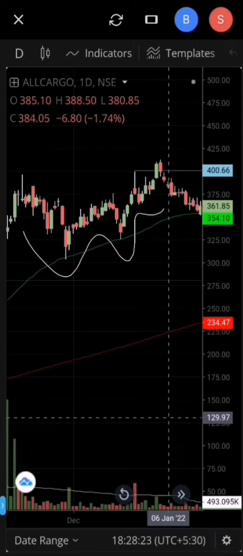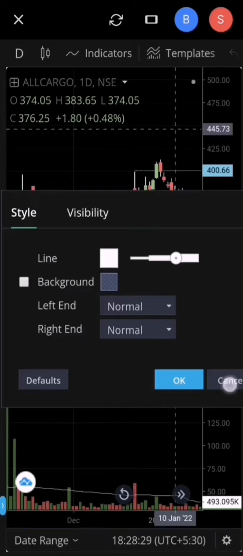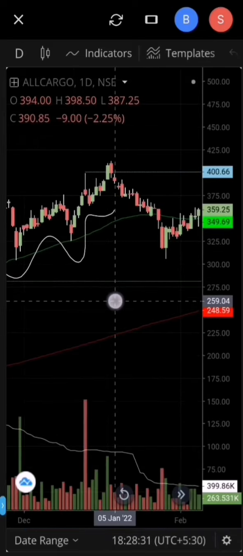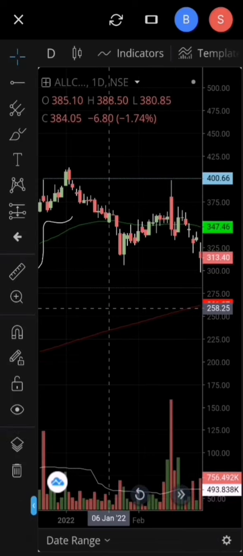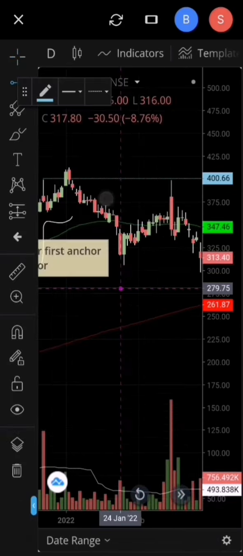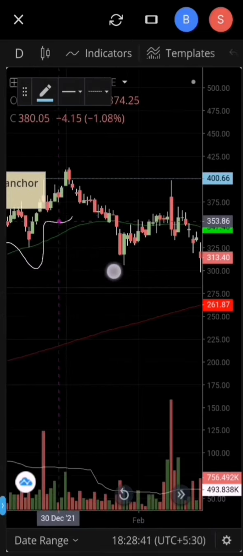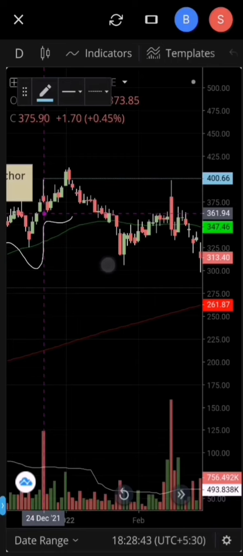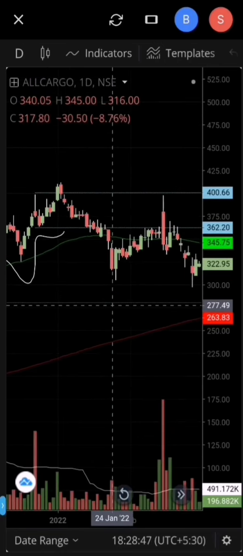See what happened after that. On the very next day, the stock topped out and the prices fell down. We had to book losses here. As I said in the earlier video, the previous swing low is generally where we put the stop loss. So we had to book this loss at around the 360 to 365 level.